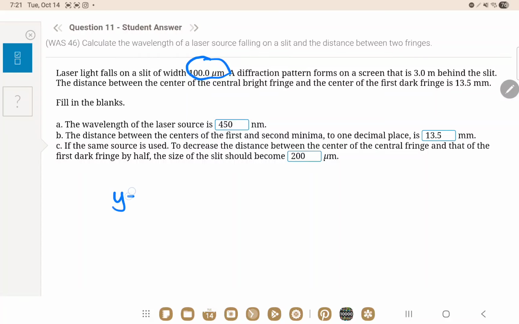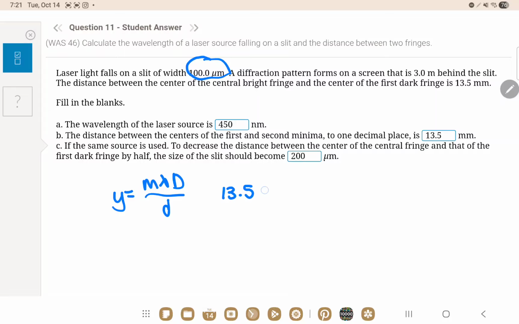Anyways, so we know the formula is y equals m lambda D over small d. So y, they told you it's 13.5 millimeters, and it's the central bright fringe and the center of the first dark fringe.